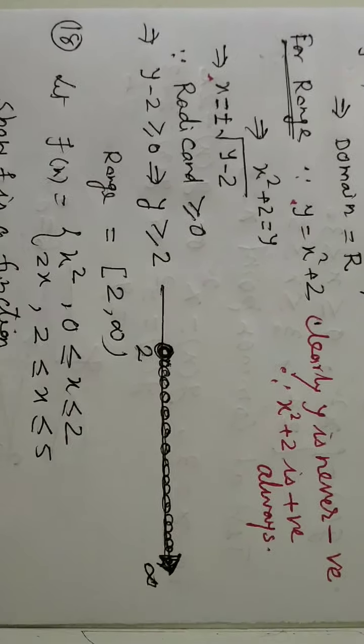Now question 18. f(x) is defined in two ways: x squared for 0 less than or equal to x less than or equal to 2, and 2x also. Now to show whether f is a function or not, let us see that f(x) is equal to x squared as well as 2x, and 2 is the common point.